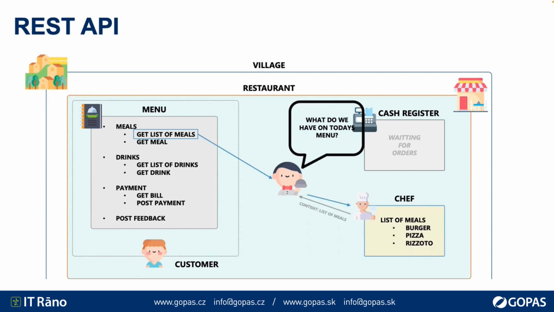The chef will generate the list of meals they are preparing today, which is burger, pizza, and risotto. And API as a waiter will come back to us and bring us this list. So finally, we know which meals are prepared in this restaurant.